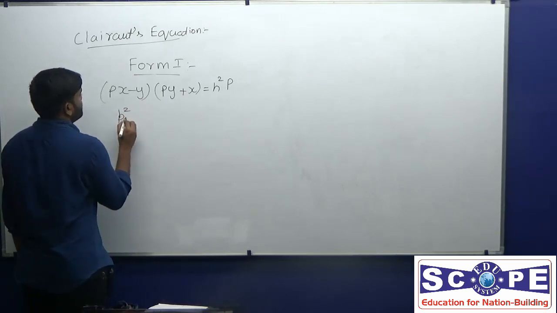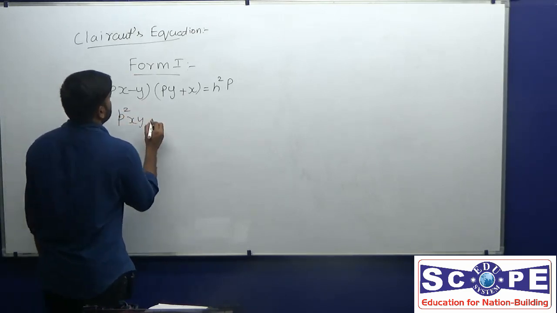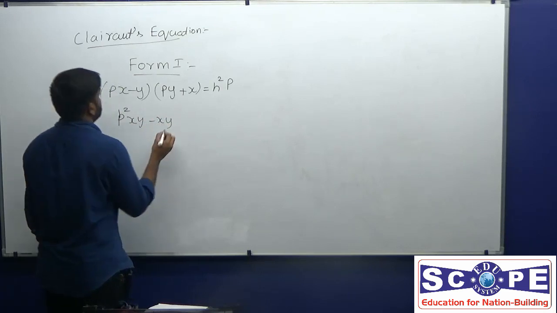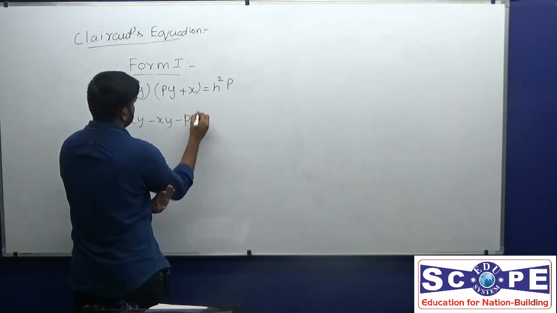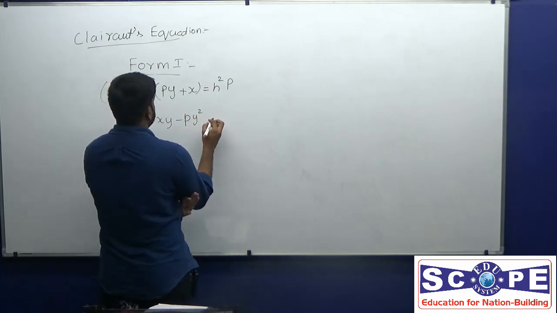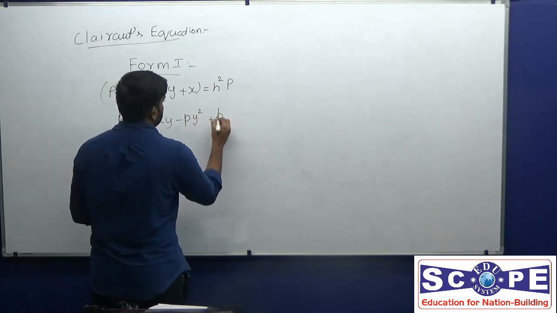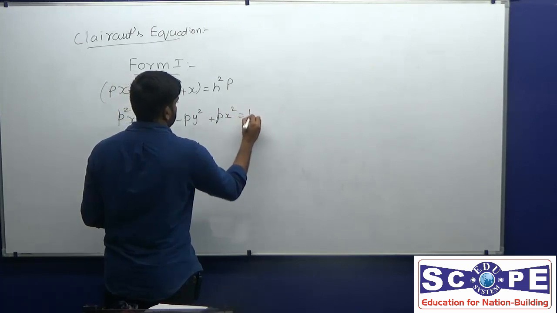This would be p square xy minus xy minus py square plus px square equals to h square p.